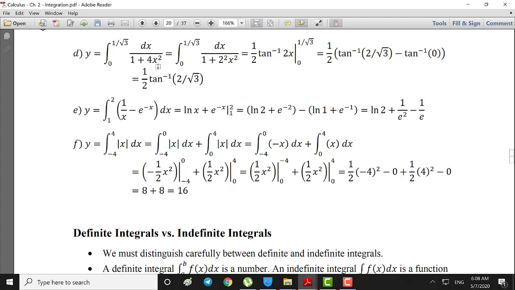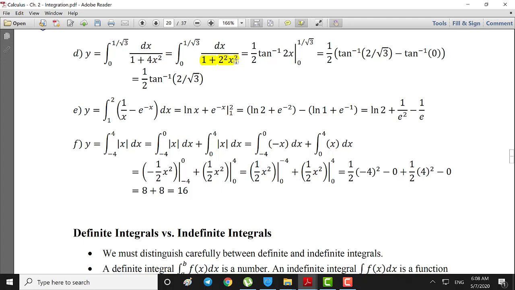Now, our job is to find an antiderivative for 1 over 1 plus 4x^2. How do we do that? 1 over 1 plus 4x^2 is equal to 1 over 1 plus 2^2 x^2, right? Now, do we have an antiderivative for this or not? If we didn't already have an antiderivative for this, our job would be difficult.